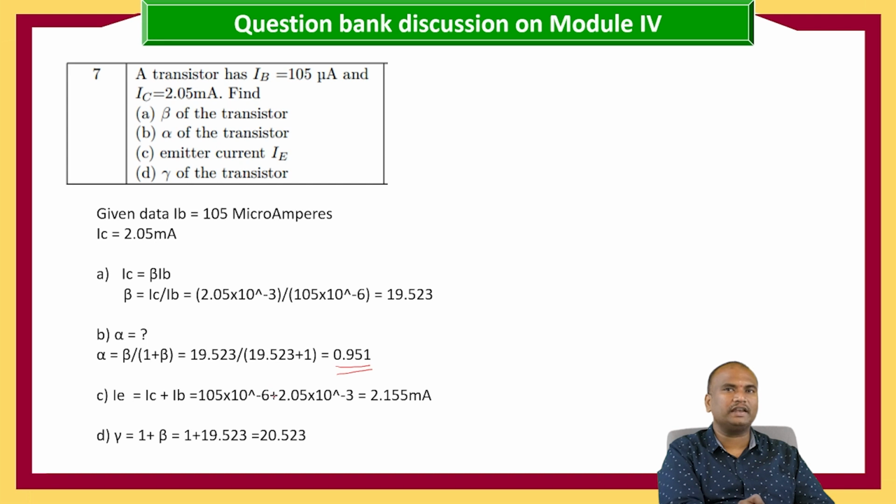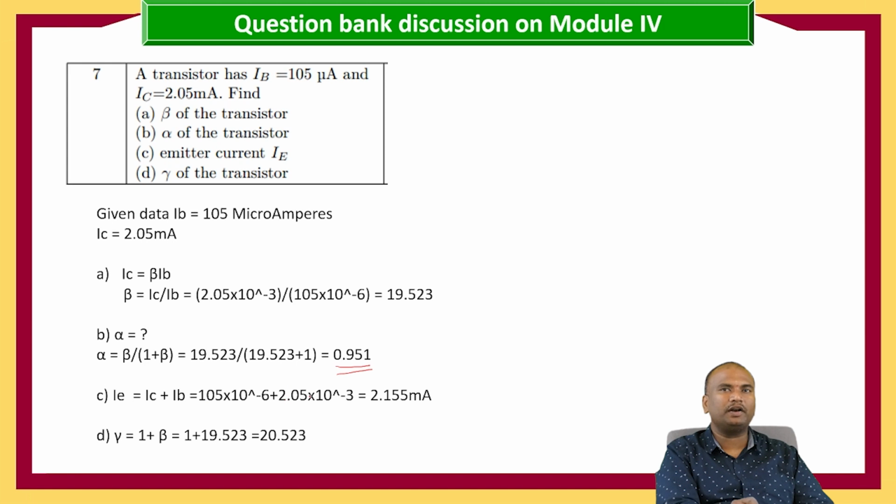the power of minus 6, plus 2.05 into 10 to the power of minus 3. Here this 10 to the power of minus 6 can be written with 10 to the power of minus 3 as 0.105.